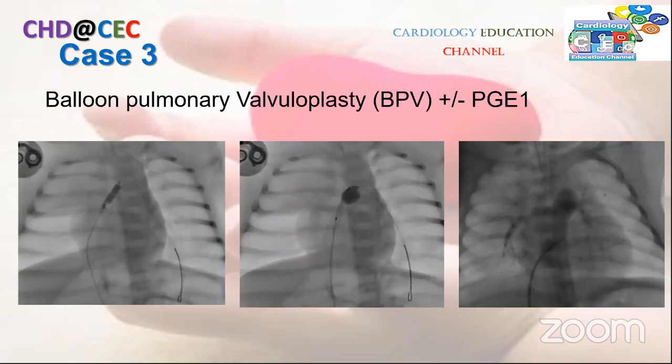Just to answer your question, Haitham, pure valvular pulmonary stenosis is for percutaneous intervention.